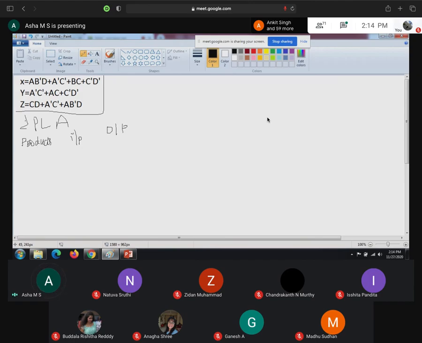What are the inputs? The variables are A, B, C, D. And the outputs are X, Y, Z.